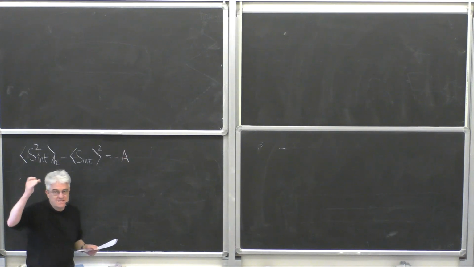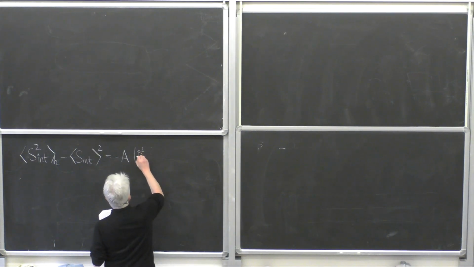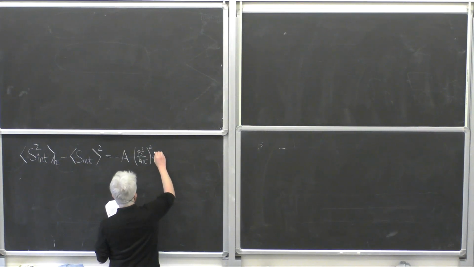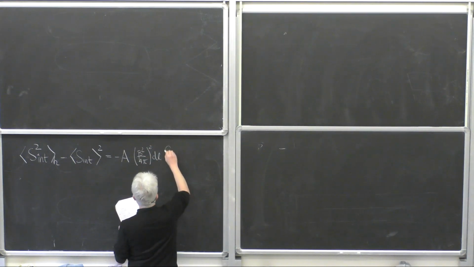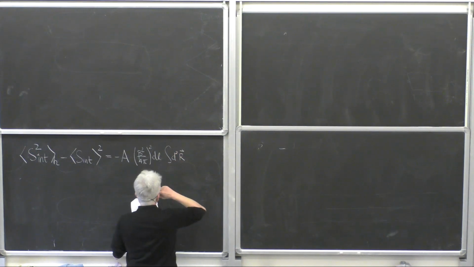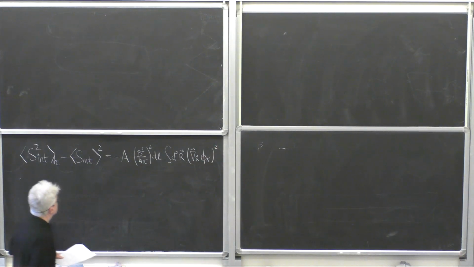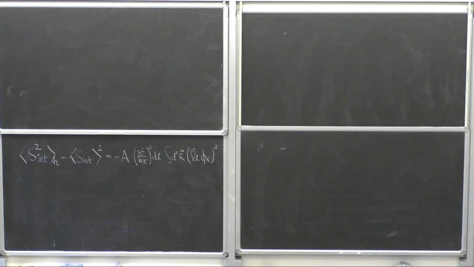So it's an integral over this f function, just some number. And then here we had beta squared over 4 pi squared dl, and then the integral d squared r over the center of mass coordinate, grad phi lambda prime squared. So this is a contribution to the effective action which renormalizes the Gaussian part.